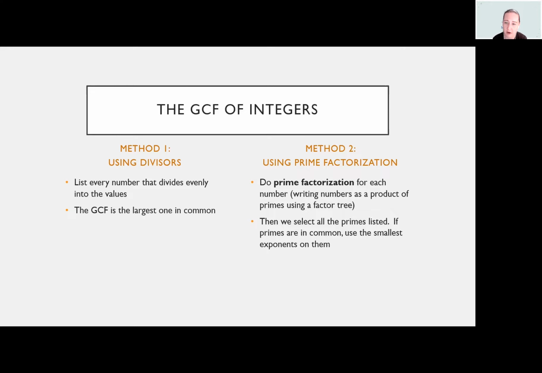So you're doing a factor tree. And then you select everything that's written down. If they have things in common, you look at the exponents, basically how many of them exist, and then you take the smallest exponent. It's kind of hard to explain in words. It makes more sense when you're actually looking at it demonstrated.